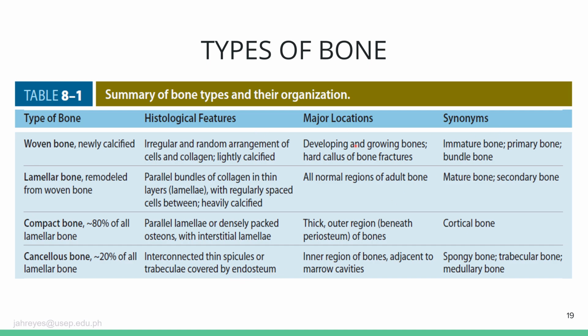So the woven bone, we refer to them as immature bone. The lamellar bone, we refer to them as the mature bone. The compact bone, we also call them as cortical bone, and the cancellous bone, we refer to them as the spongy bone, trabecular bone, or the medullary bone.